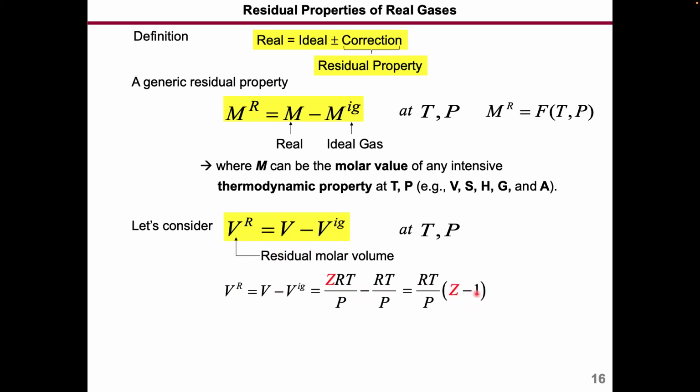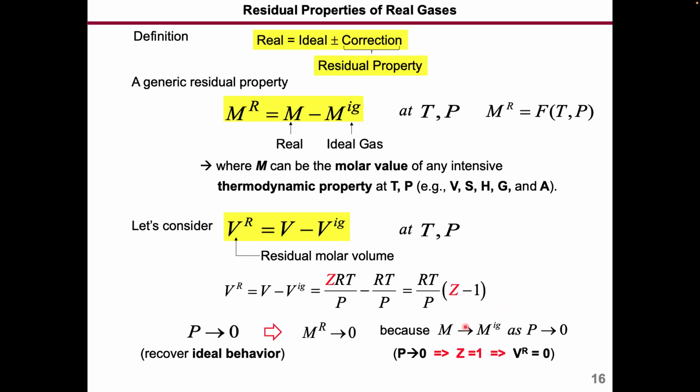If Z is equal to 1, then basically your residual molar volume is 0, because the real gas is actually behaving like an ideal gas, or adopting ideal gas behavior. And like I mentioned, usually when our pressure goes to 0 or temperature is high, we remember the real gas actually recovers the ideal gas behavior.